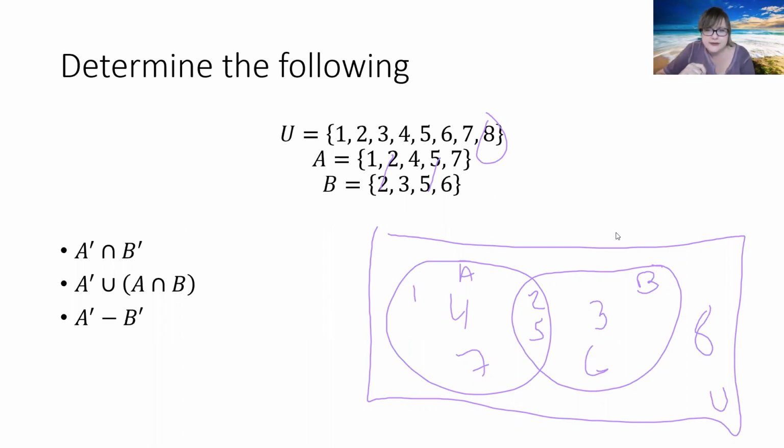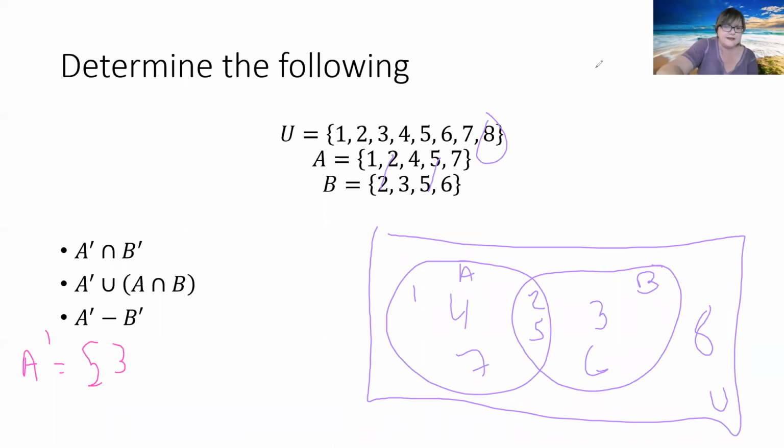A complement is everything that's not in A. So my A complement here is all this other stuff, outside of A. That would be 3, 6, and 8. So that's a set.